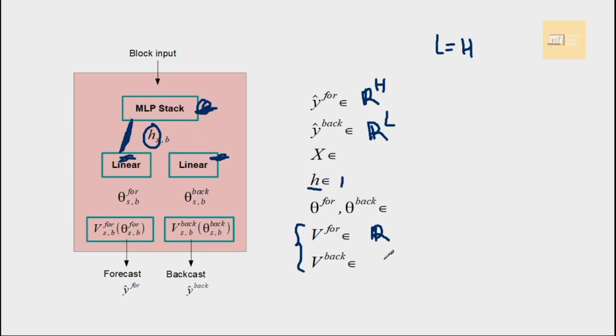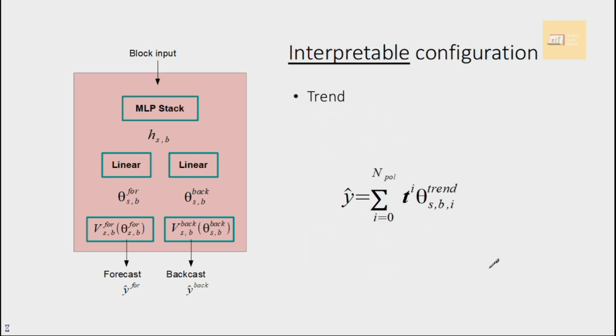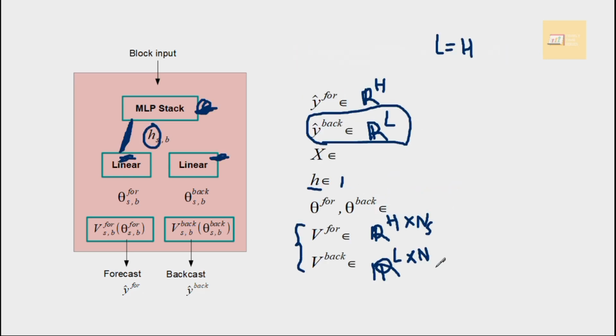Alright, now let's go back to our matrices V. The V matrix for forecast has H rows, the horizon rows, and NS columns. And for the matrix V for backcast, the total rows would be L, so it's consistent with the length of y-hat backcast. And the total columns is also NS.